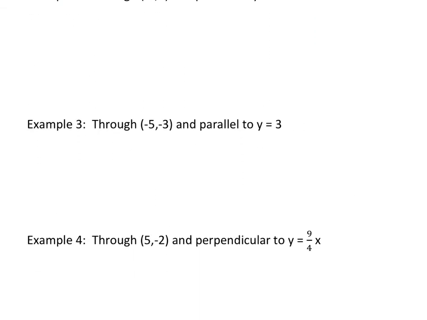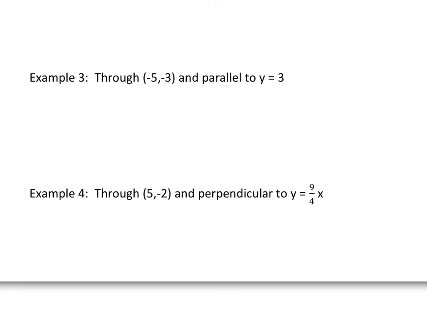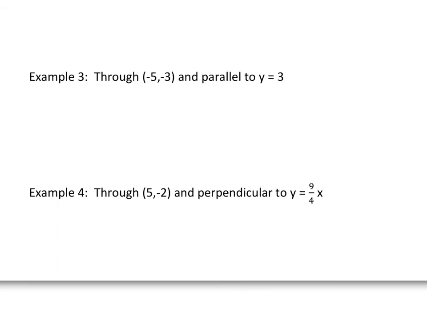So let's go to the last one here, where we have a point given, and again we're parallel to this. Now let's think about what that is. Y equals 3. We've talked about vertical and horizontal lines, and we know that an equation of the form y equals a constant is a horizontal line.